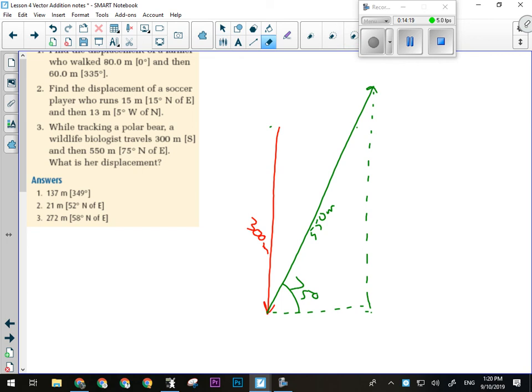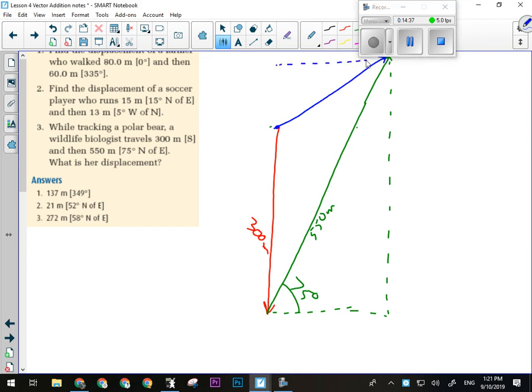I might adjust this a little bit so that it's even further up to better reflect the scale. So my overall resultant goes from my initial position to my final position, which is way up there. So here's y, here's x, here's my angle, here's my overall displacement, and same thing here.